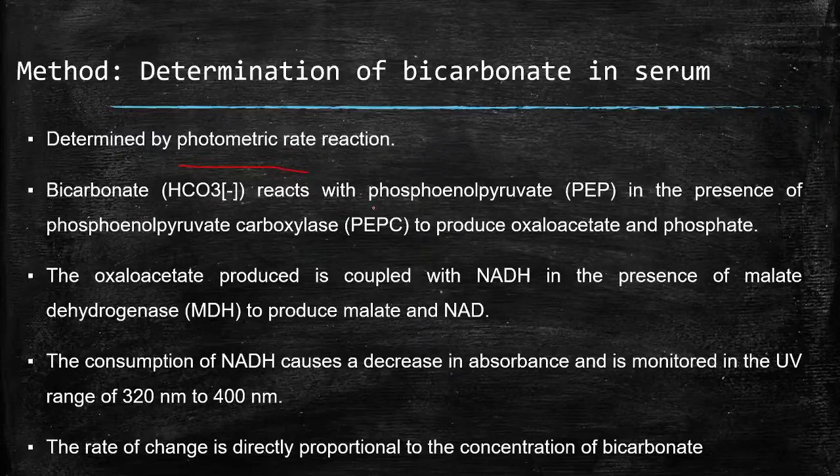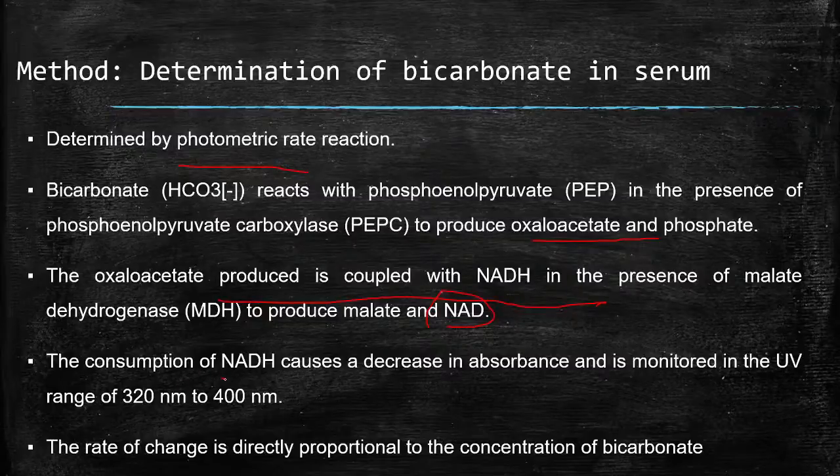Bicarbonate reacts with phosphoenol pyruvate in the presence of phosphoenol pyruvate carboxylase to produce oxaloacetate and phosphate. The oxaloacetate produced is coupled with NADH in the presence of malate dehydrogenase, and it will convert NADH into NAD.